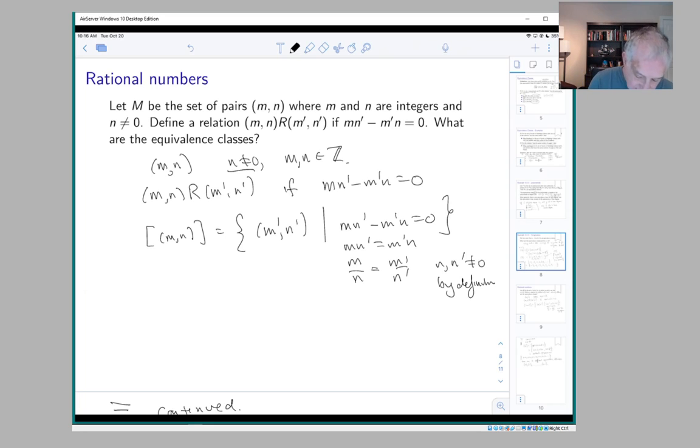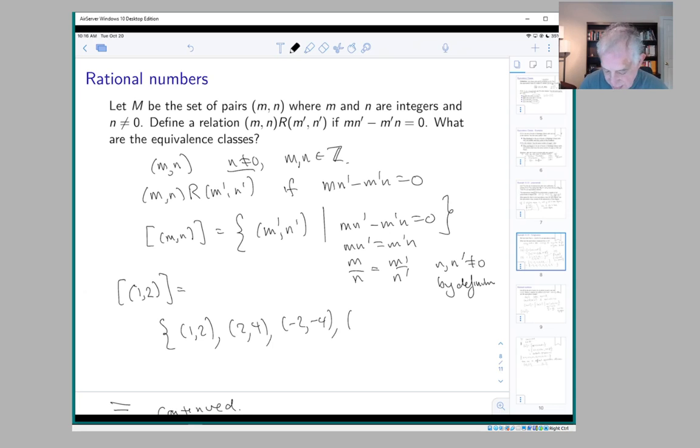So for example, the class of the pair (1, 2) consists of (1, 2), (2, 4), (minus 2, minus 4), (minus 3, minus 6), and so on. These are all in the same equivalence class because in each case, 2/4 is 1/2, minus 2 over minus 4 is 1/2, minus 3 over minus 6 is 1/2, and so on.